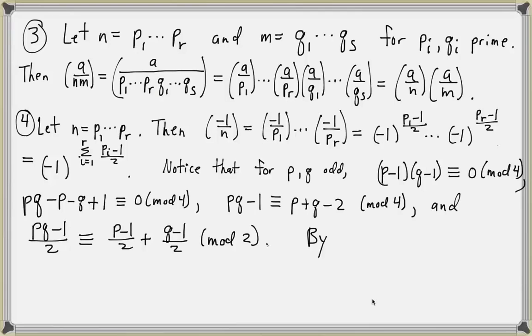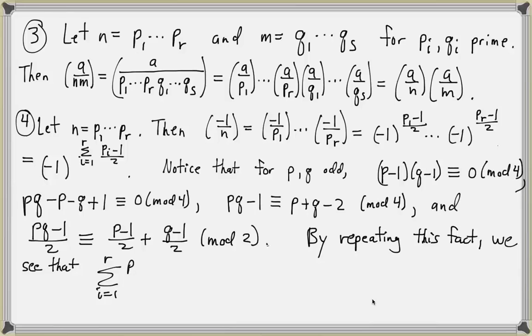So by repeating this fact, we see that the sum, i equals 1 to r, of (pi minus 1) over 2 will be congruent to (the product of the p's, p1 up to pr, minus 1) over 2 mod 2.